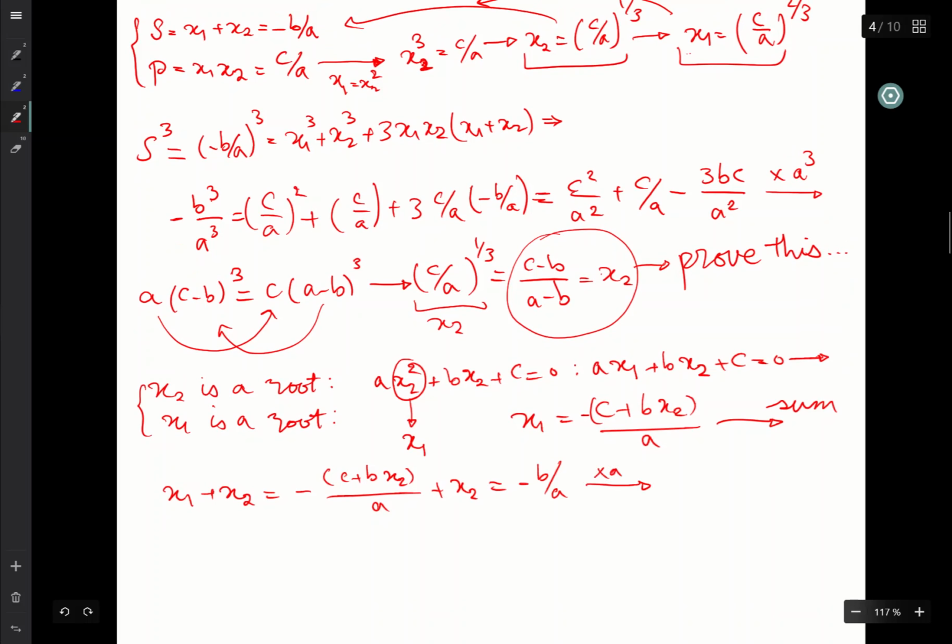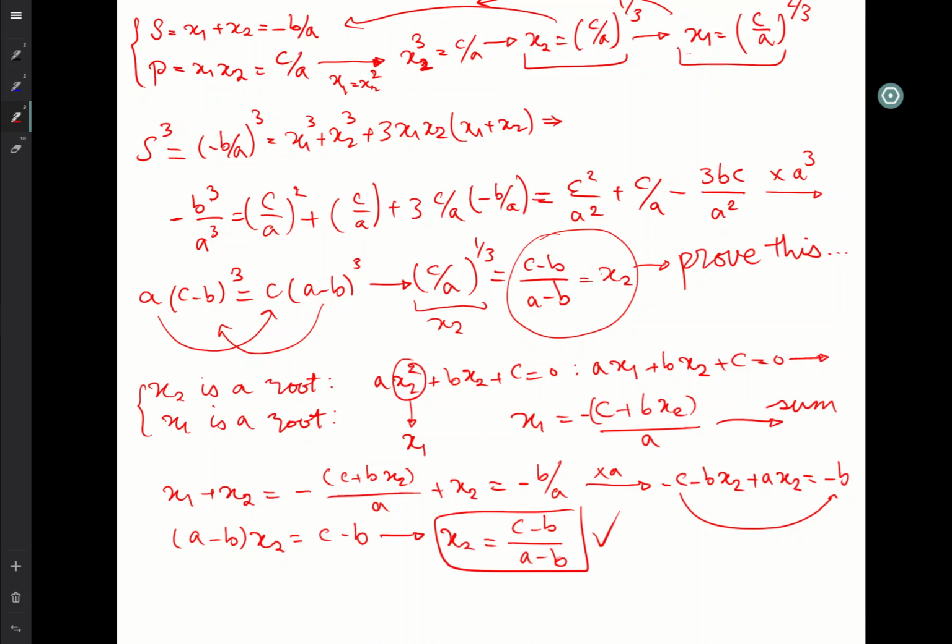So minus c minus bx2 plus ax2 is minus b, right? So bring c on the other side, so we end up with a minus b times x2 should be equal to c minus b. Therefore, x2 is c minus b over a minus b, and voila.